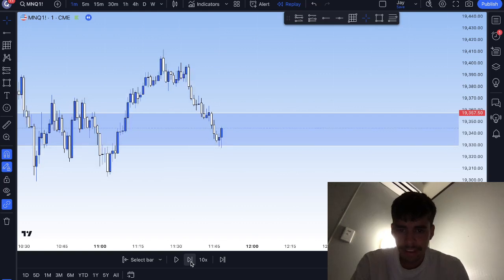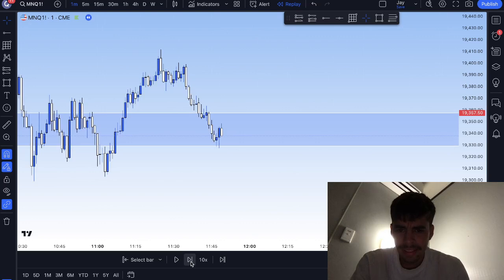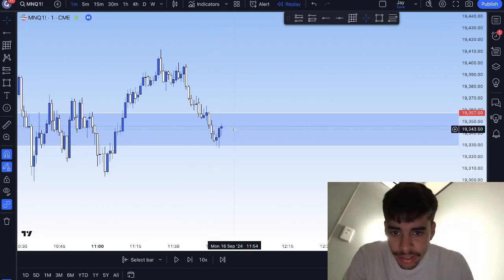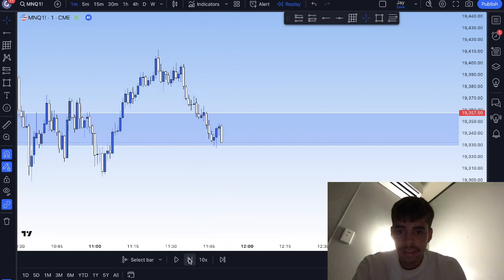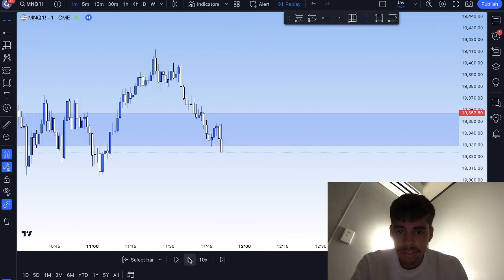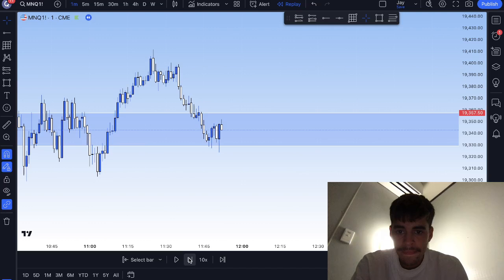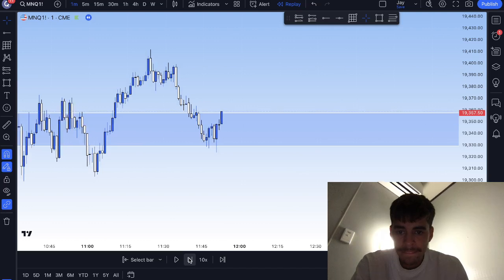Fill that fair value gap again. Is that inverse? It was. Okay, but we didn't get any continuation confluences, so that's a break of structure if I've ever seen one.